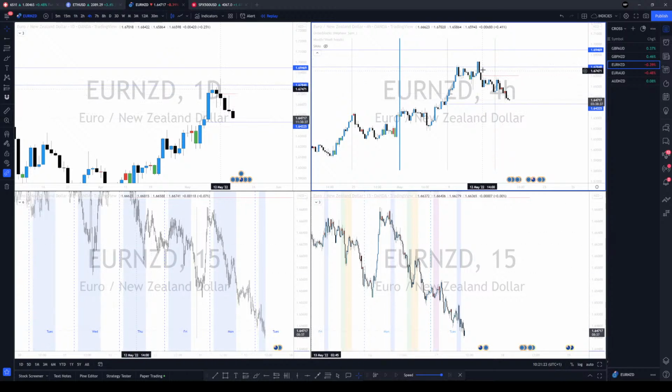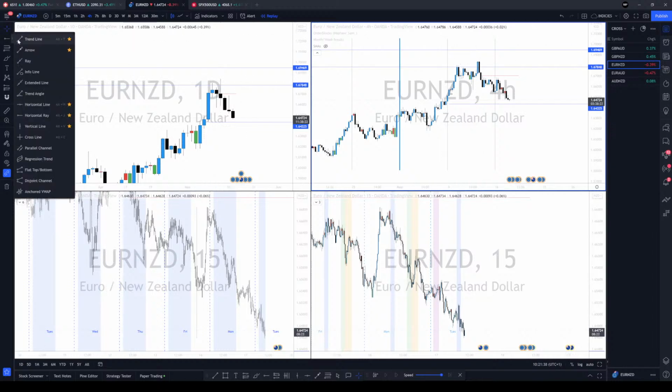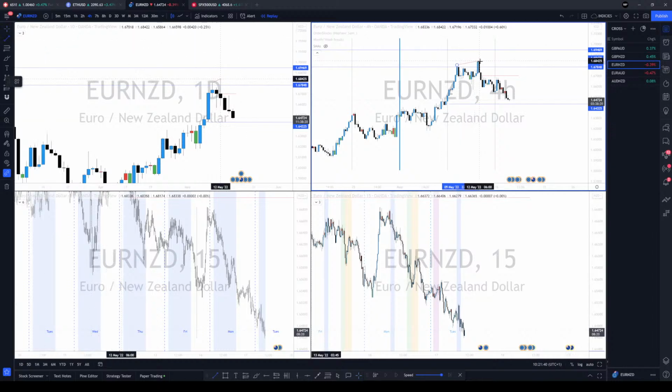So the next move back up will struggle. This would be a nice area to collapse most of your trade, and then you wait and see if it can make a new high. If it goes above that, again, something you can backtest is how price behaves whenever it goes above high resistance.